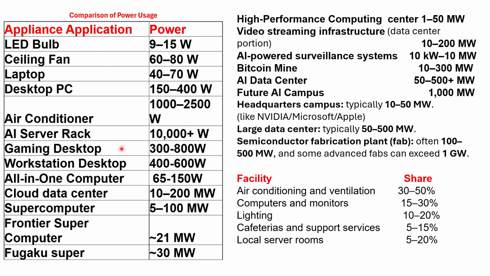A gaming desktop may require 300 to 800 watt. A workstation normally requires 400 to 600 watt. An all-in-one computer, this is your monitor plus CPU all in one, requires 65 to 150 watt, a very low power requirement. A cloud data center needs 10 to 200 megawatt.